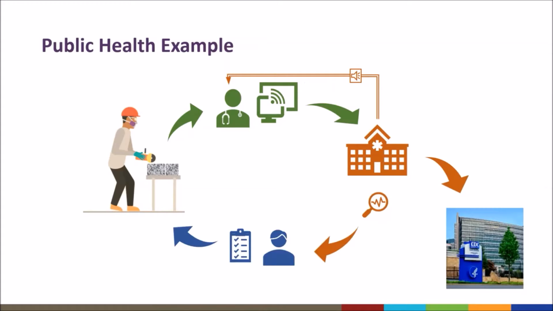When this person's care provider enters the diagnosis of silicosis into their EHR, in the future, the public health electronic case reporting system will automatically send the information about the case to the state public health agency according to the laws in that state. The state agency can set up an electronic report response to give information back to the clinician.